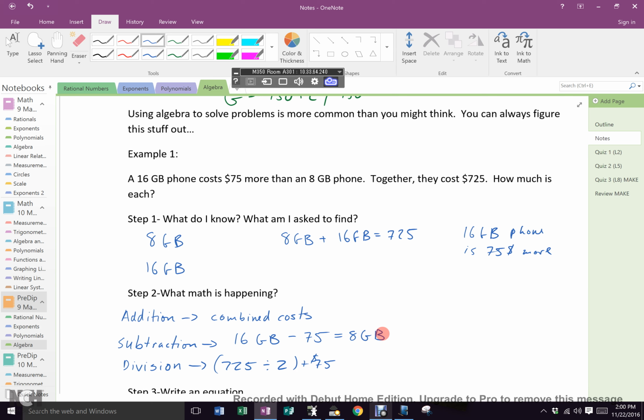Algebraic expressions. Do we? No, what do I need to have an algebraic expression? Some variables. Have we given any variables to anything? No. So let's do some variables.